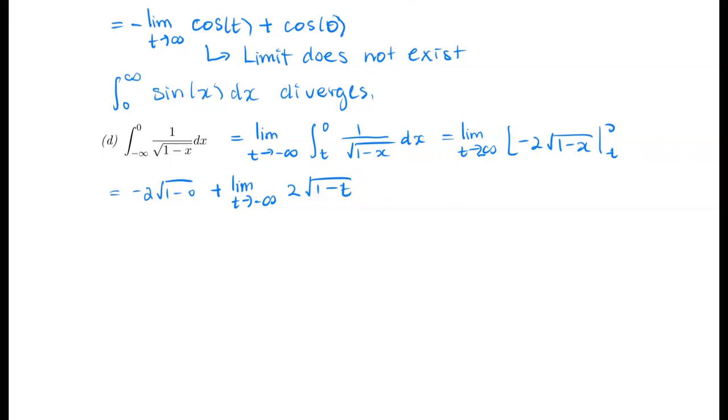So this value does not exist. So we say that this integral from negative infinity to 0 of 1 divided by the square root of 1 minus x dx diverges.